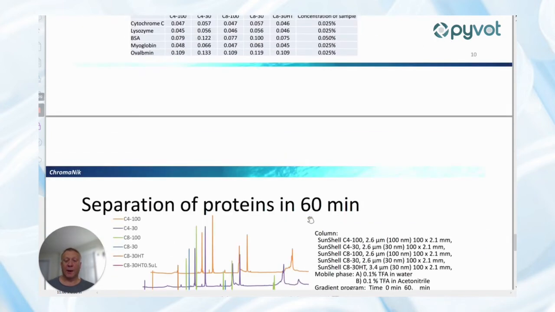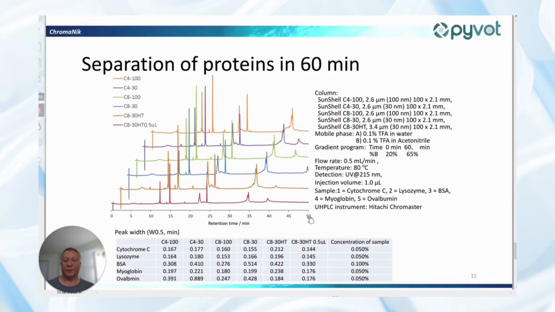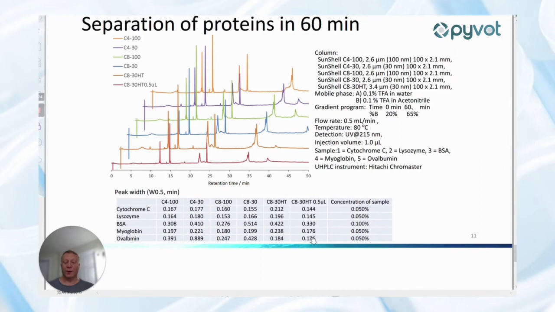Now, what about separation of proteins in 60 minutes? Something to look at here, the injection volume in this case is 1 microliter. The C4-100 and C8-100 showed a sharper peak.